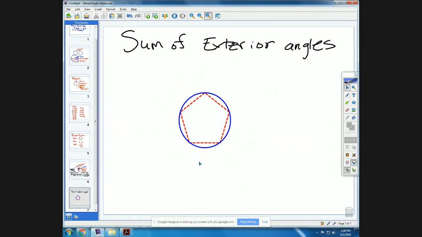Close enough. So consider this situation here where I have a polygon whose vertices, let's say they sit on the circle.